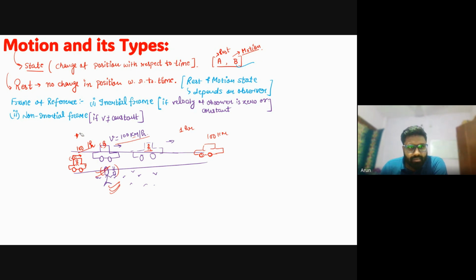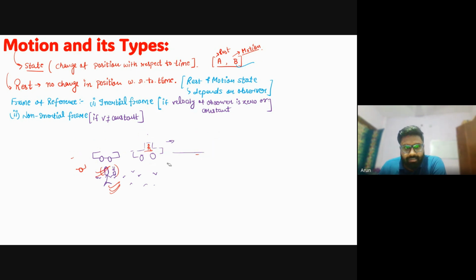Now, there are two types of motion that we are going to discuss. The first one is uniform motion. The second one is non-uniform motion. Just a second, I'll erase this all. Yeah.